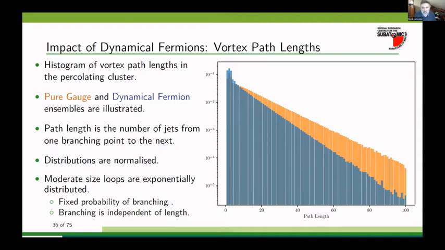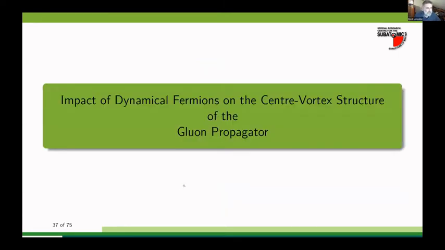So this exponential distribution is consistent with the idea of a fixed probability of branching. The other thing about the exponential distribution is that the branching is independent of how far you've traveled through the gauge field in the process of doing this.